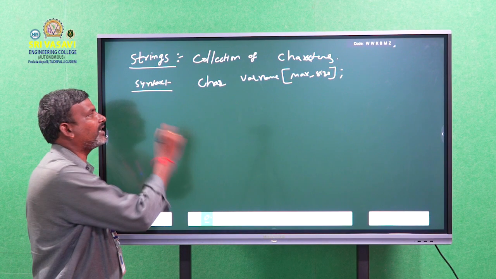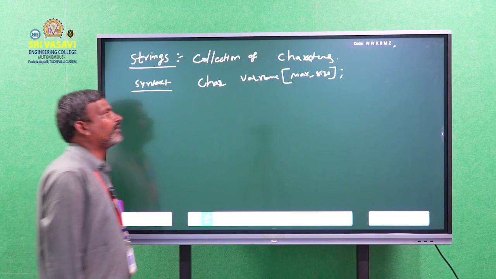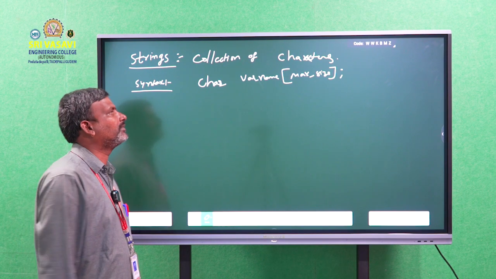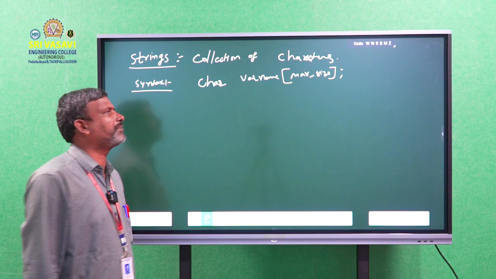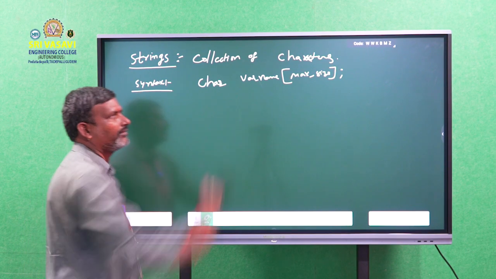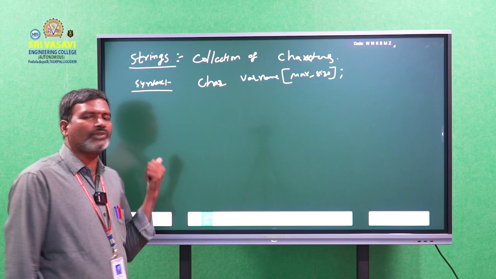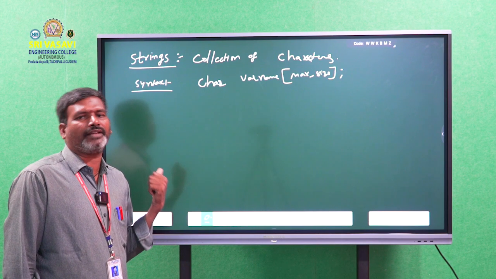So this is the syntax of a string: char, space, variable name, then square bracket, maximum size, square bracket close, and semicolon. This is the format of a string, and we already know this is also like a character array.